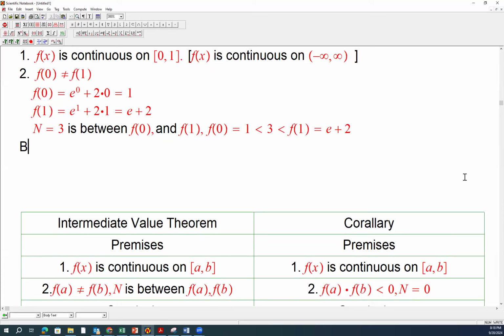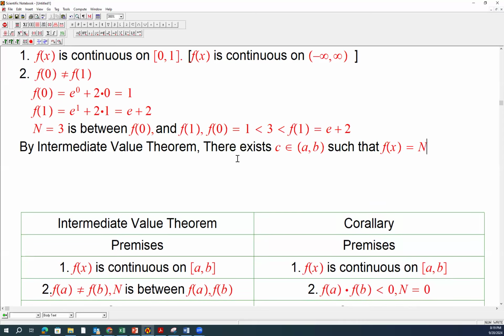And I say by the intermediate value theorem, there exists c between 0 and 1 such that f of c equals 3.